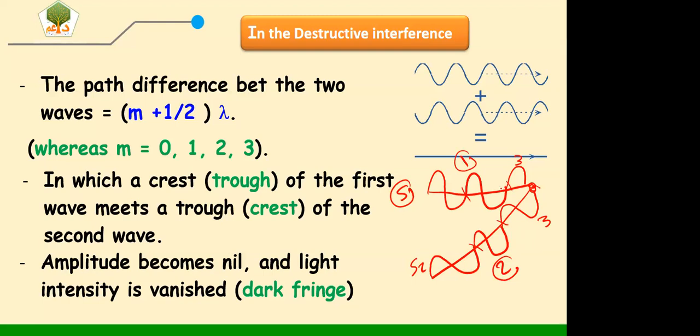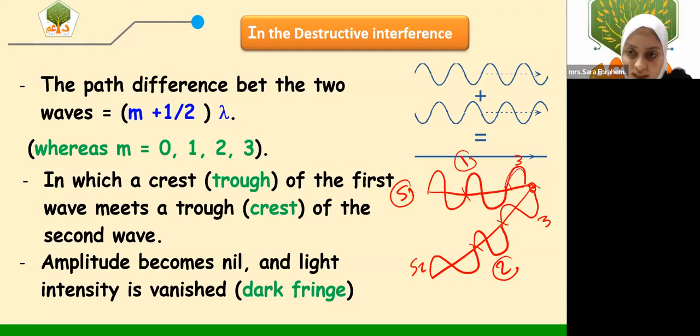Look, the third crest meets the third trough. So wave 2 is greater than wave 1 by half a wave.